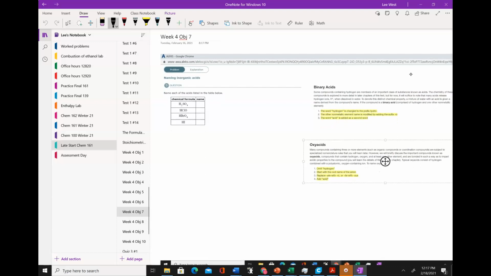So one of these is a binary acid. It's that one there. So we're going to start with the prefix hydro, and then the other non-metallic element name is modified by adding the suffix -ic. So you're going to take the stem name of iodine, which is iod, and add -ic to it.